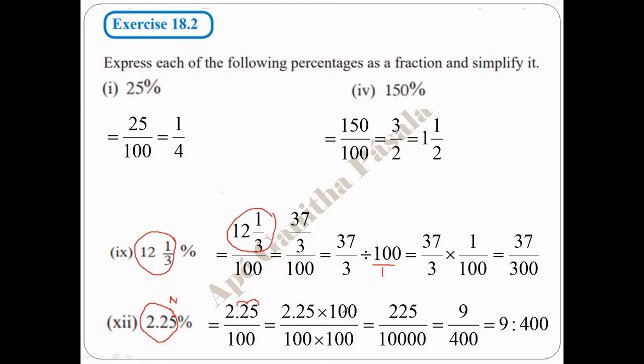Now 2.25 into 100, move the decimal point 2 places, then it will become 225. 100 into 100, 2 zeros, then 4 zeros, 10,000. 225 over 10,000. But you can't keep the answer this way because you can simplify this.